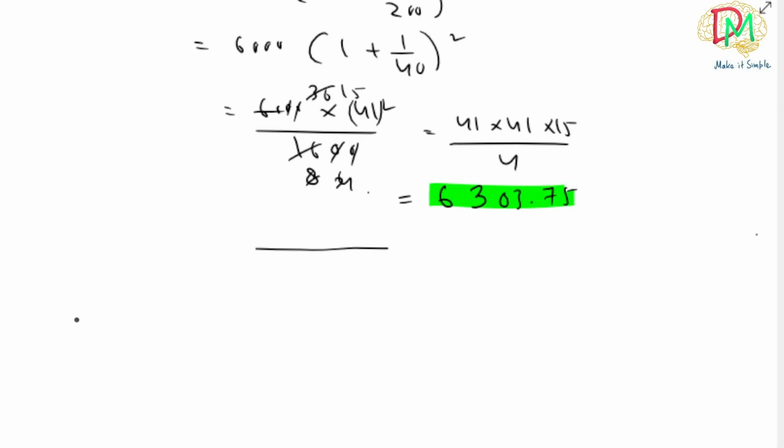Now we derived the other form of the compound interest formula. We have learned A is equal to P into (1 plus r by n) to the power nt. Clear?